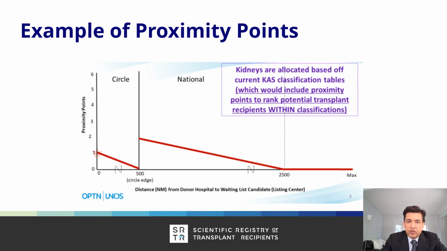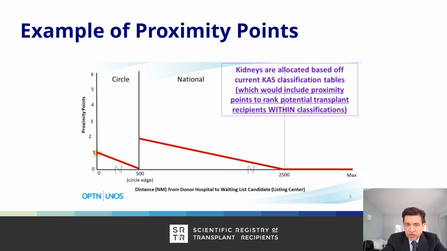Here's an example of how proximity points were included in the allocation scenarios that we modeled. Points were awarded in a linear fashion, so candidates listed at the donor hospital at the center of the fixed distance circle will receive a maximum of 1 point, as shown in this figure here.